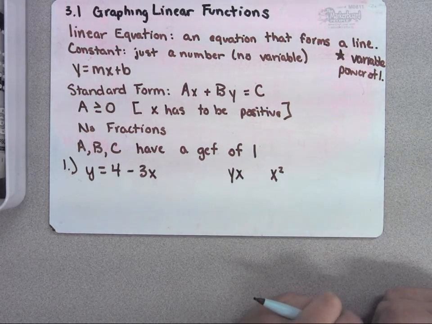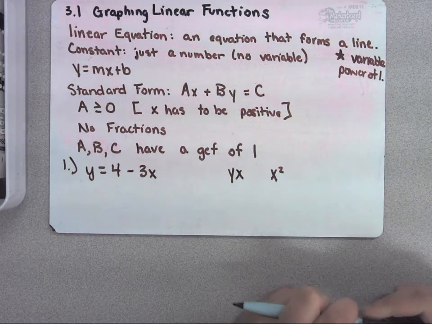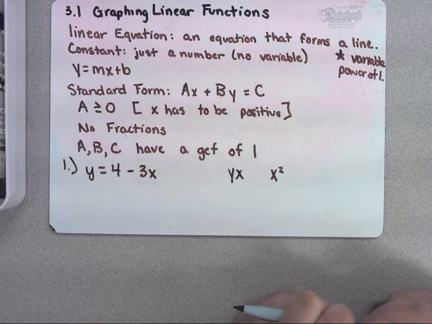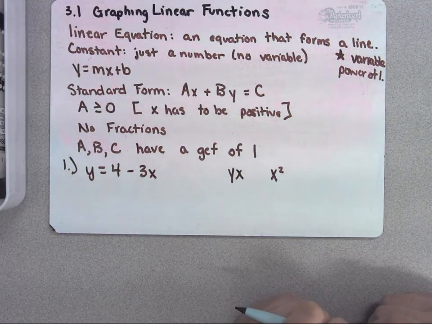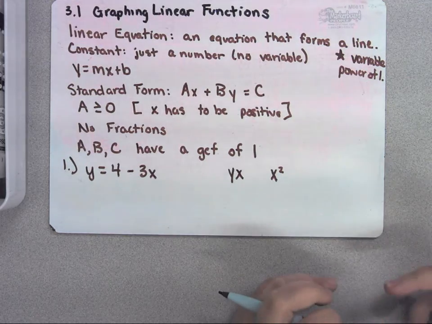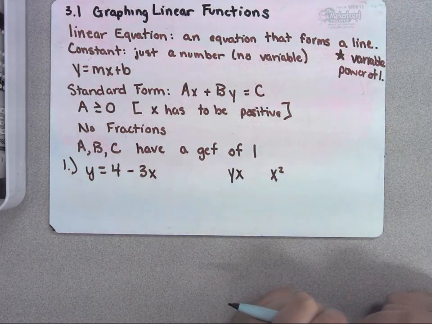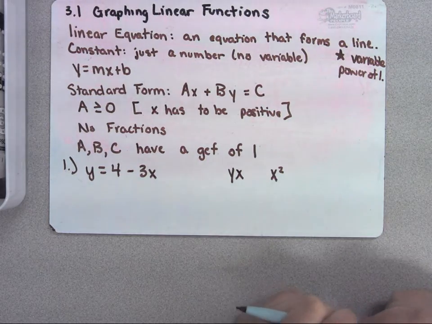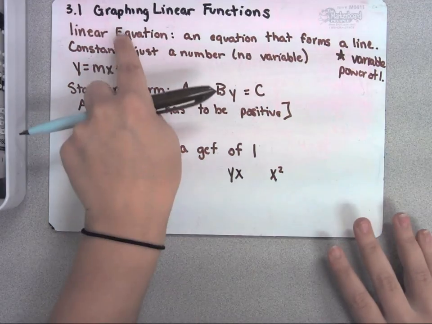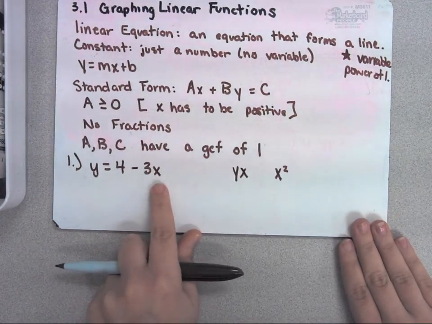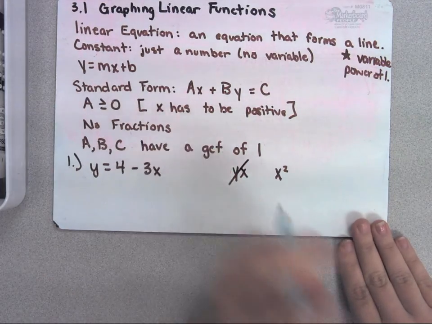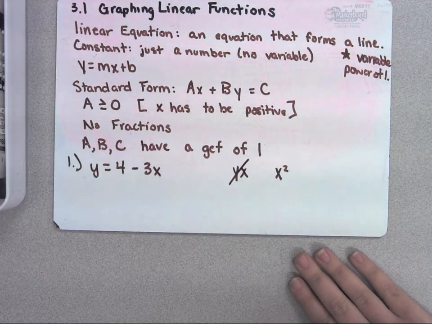The variables together, how many powers do they have? They both have 1 power, don't they? But since they're multiplied, they kind of have 2 powers actually. So the answer is no. For linear equations, you're only allowed to have an x and a y separate. No multiplying variables.